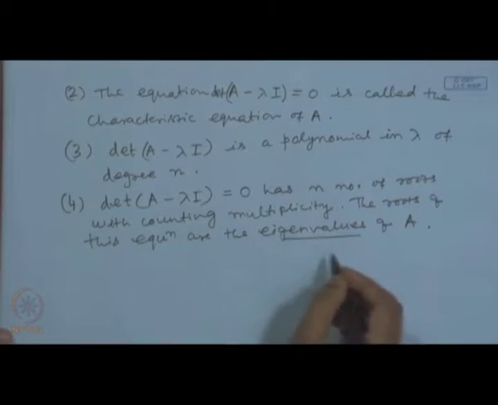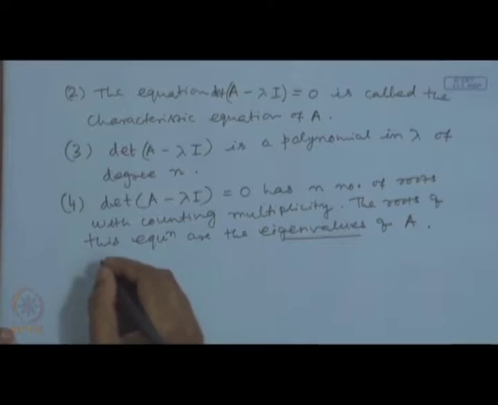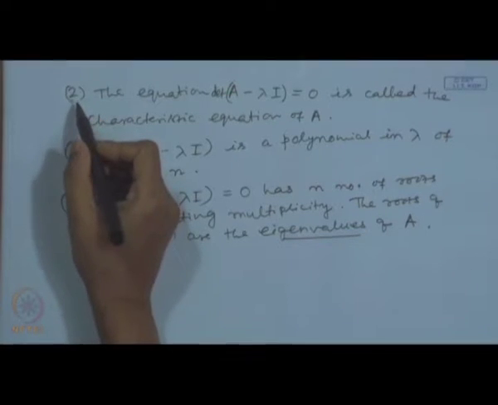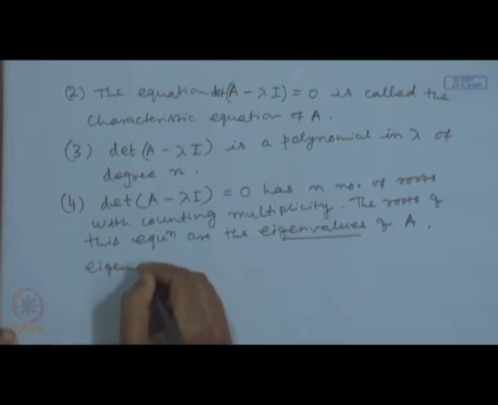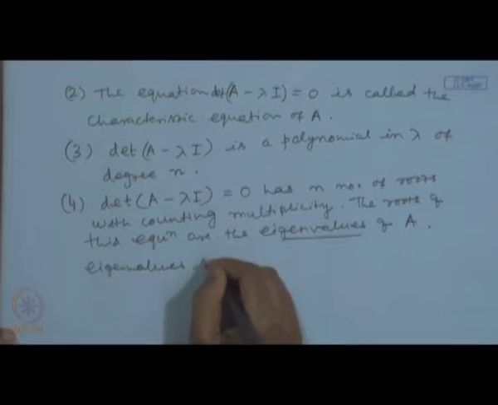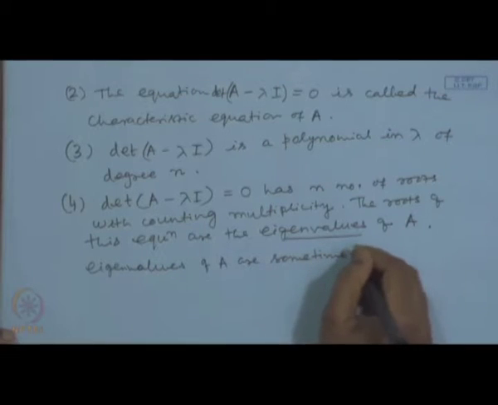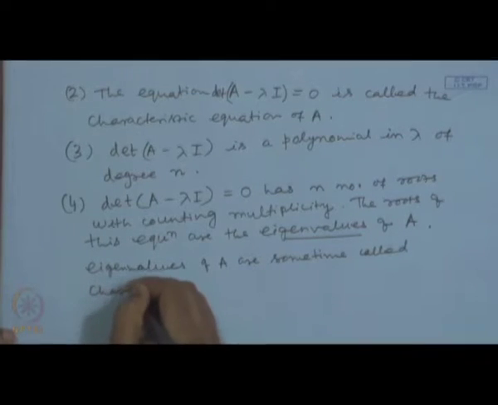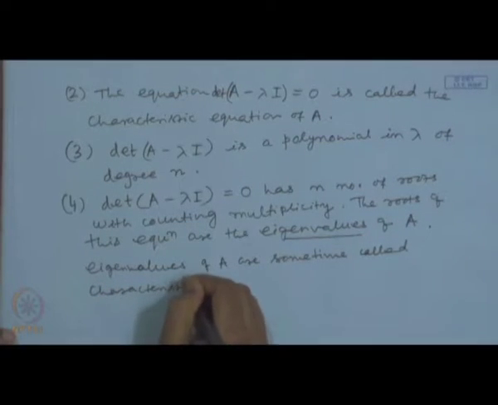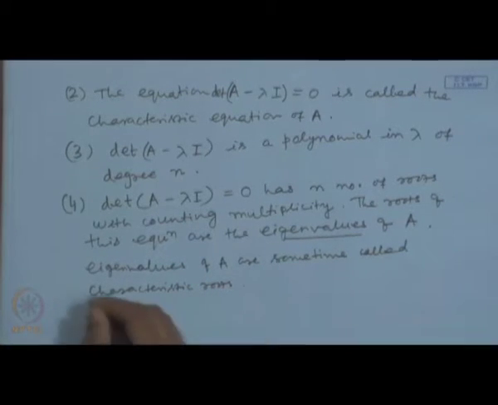The roots of this equation are exactly the eigenvalues of the matrix A. Eigenvalues are also called characteristic roots sometimes because of this. Eigenvalues of A are sometimes called characteristic roots.